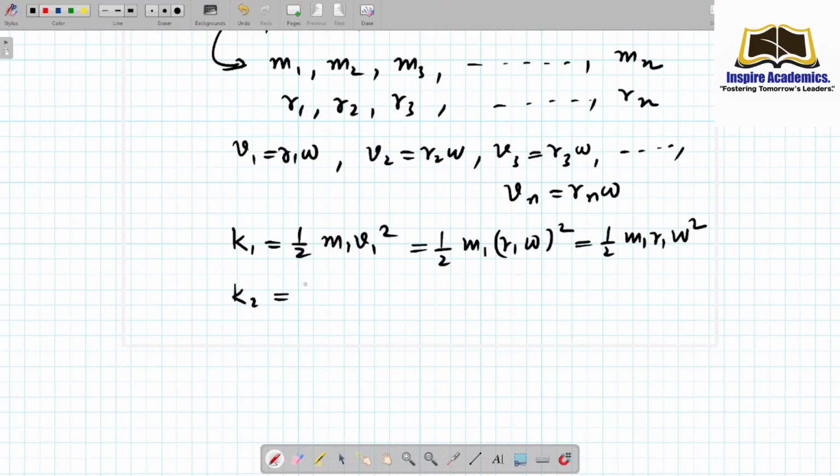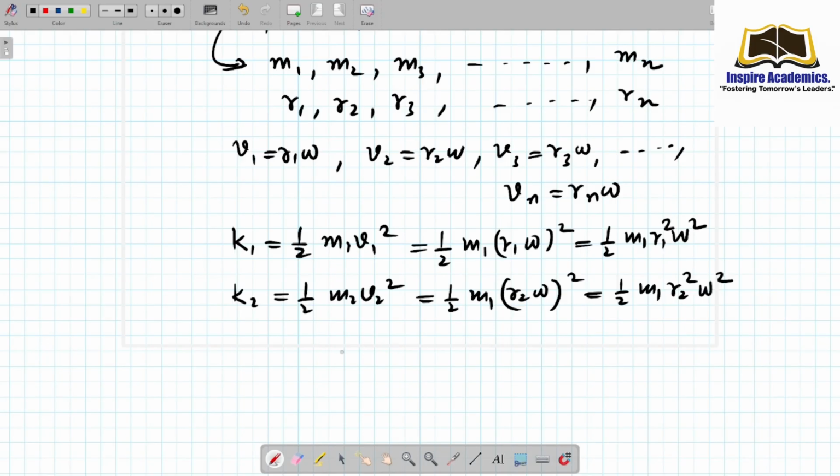Similarly, K2 will be half m2 v2 square, which is half m2 r2 omega whole square, which is half m2 r2 square omega square.